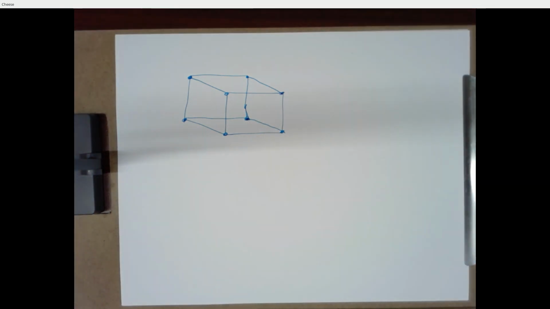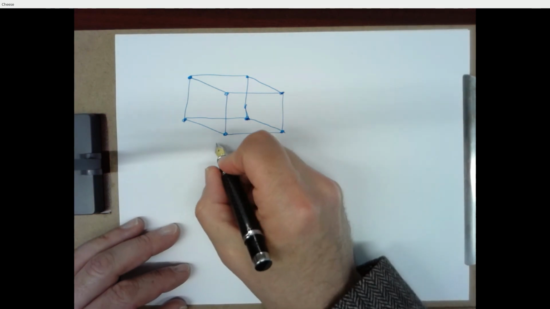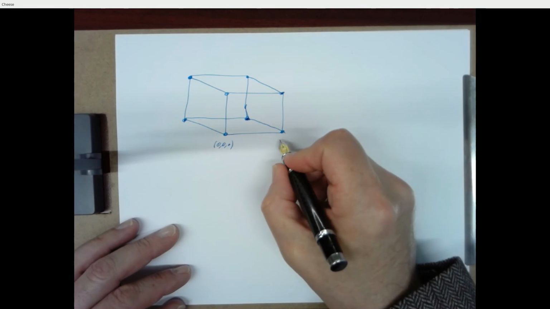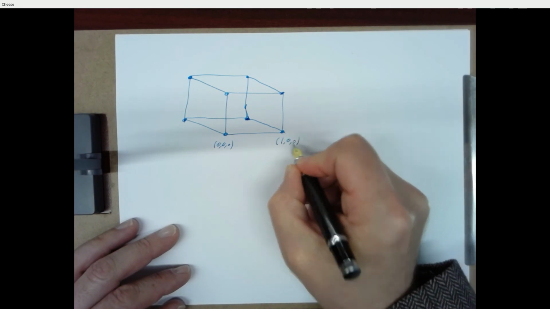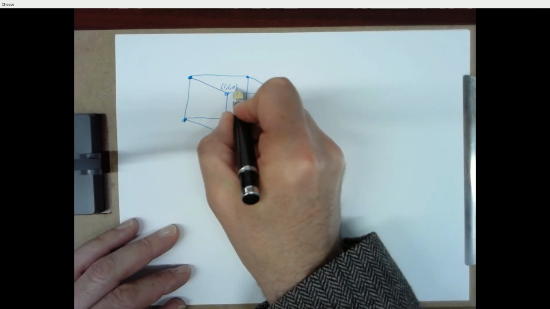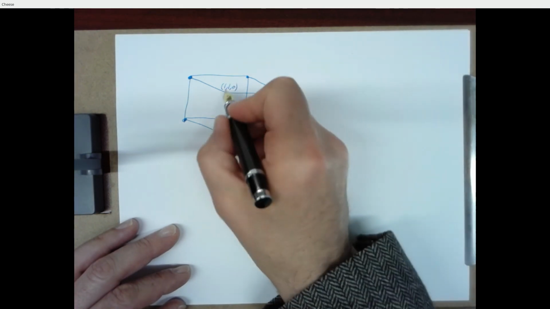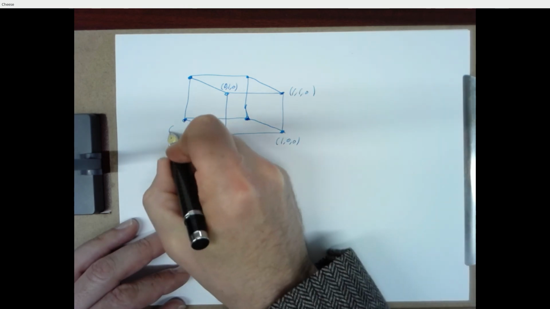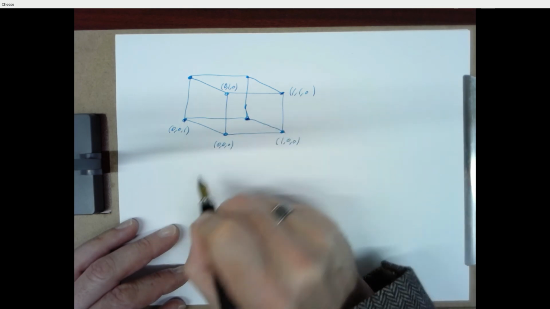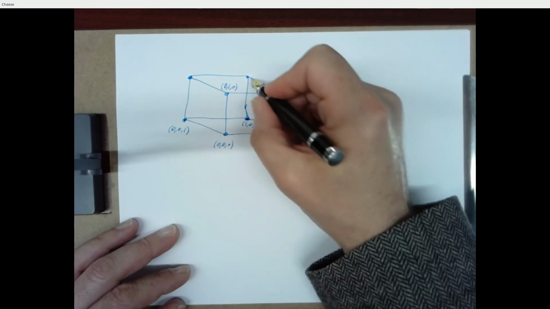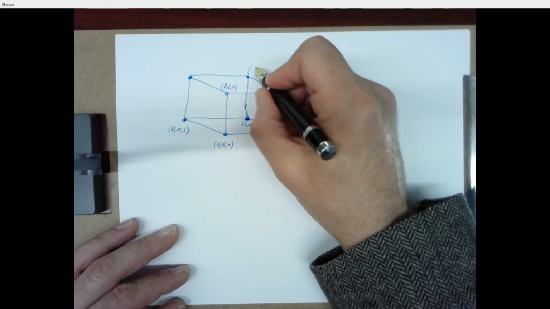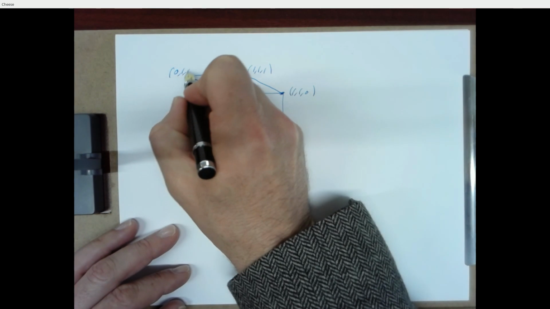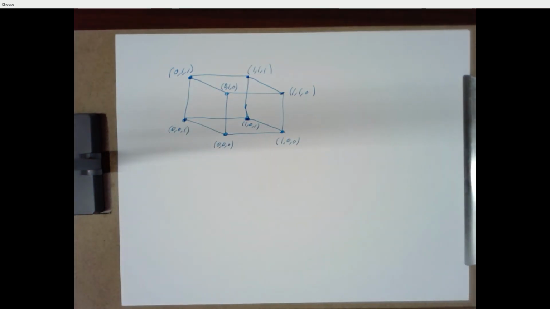Alright, so here's our nice cube made of toothpicks. And I'm going to label these coordinates. So I'm just labeling these with spatial coordinates.